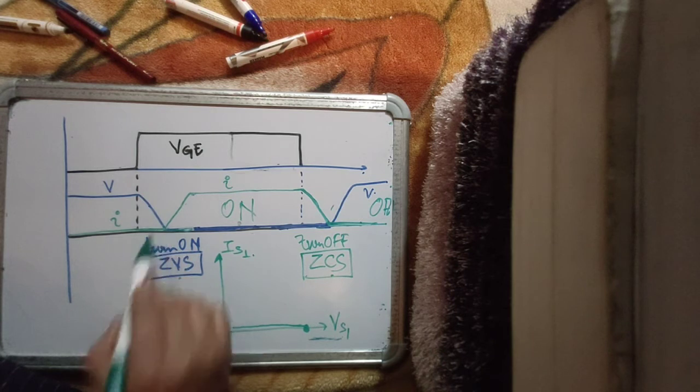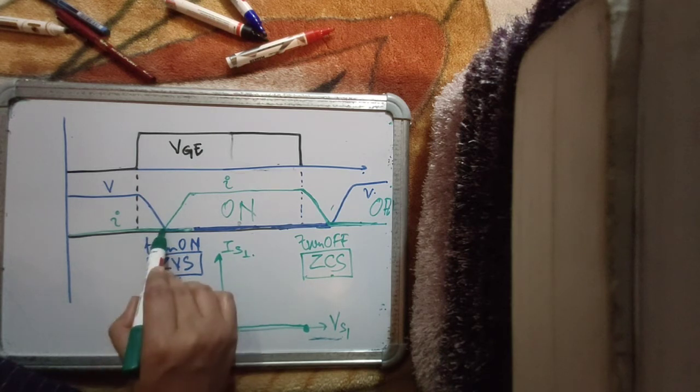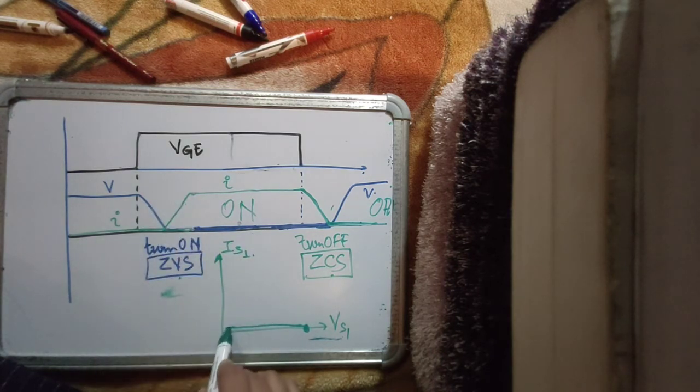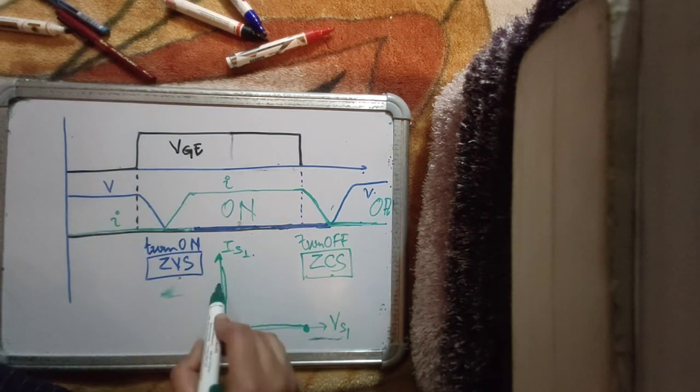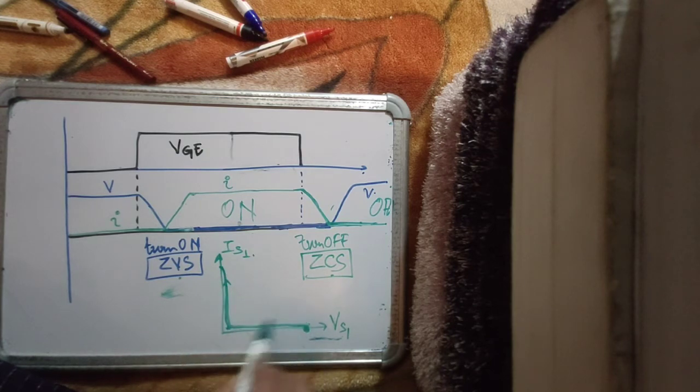And once voltage has fallen to a near zero value, only then the current will increase. So the turn on curve looks something like this, right?